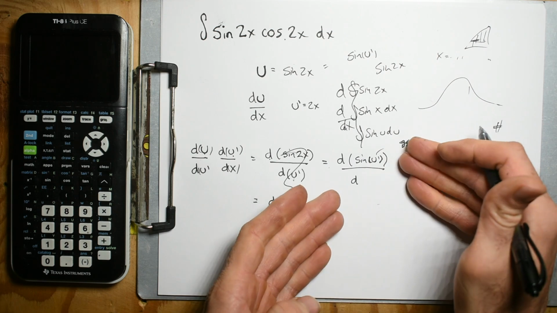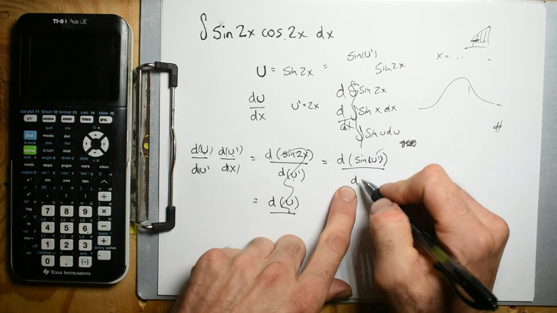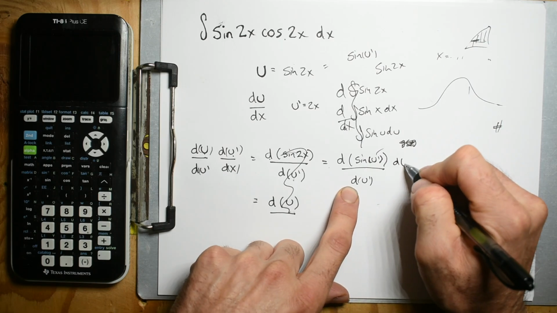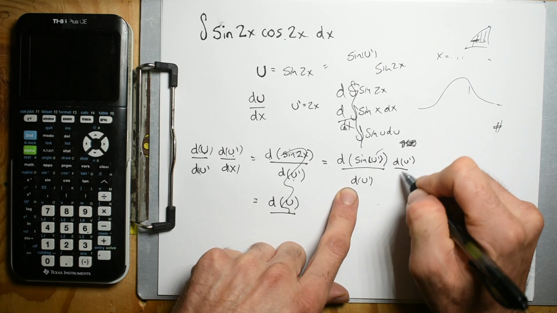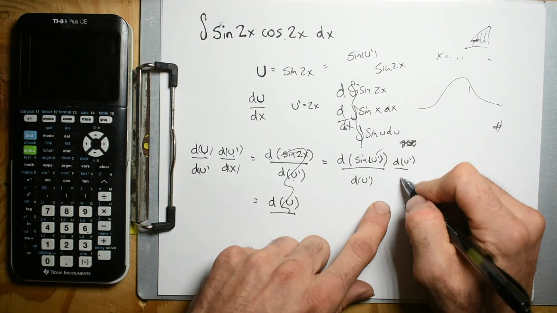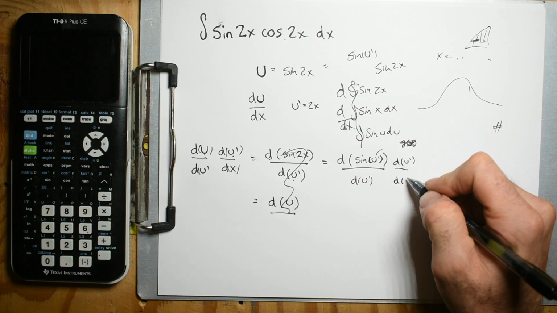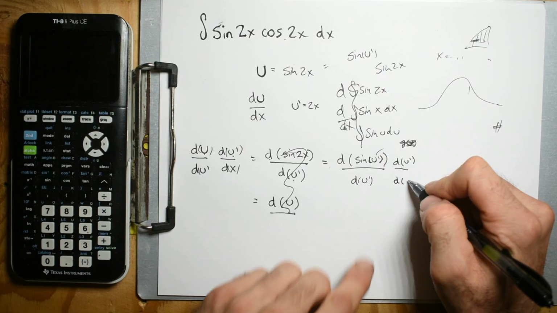Okay, so we're going to set up the chain rule. So we now can differentiate with respect to this u prime, and then this is how the chain rule works, because these can cancel, and then hopefully this is our dx. Sorry about that.